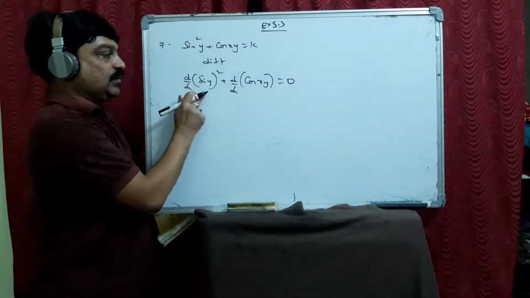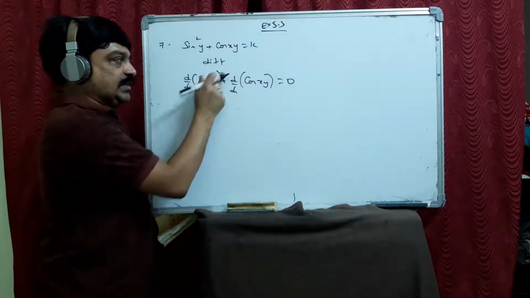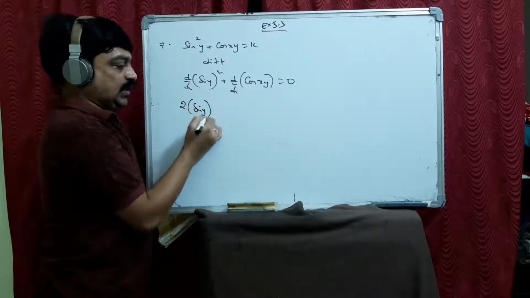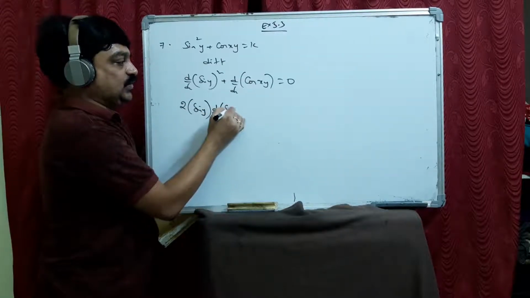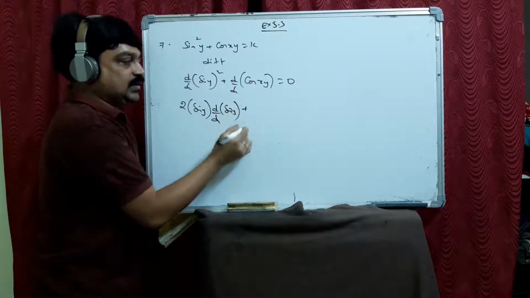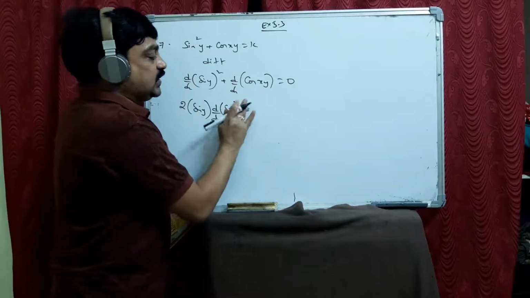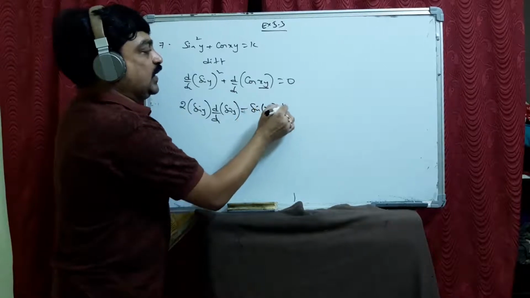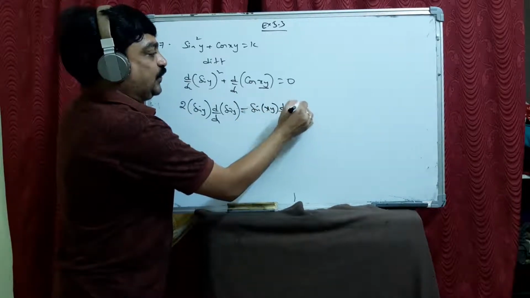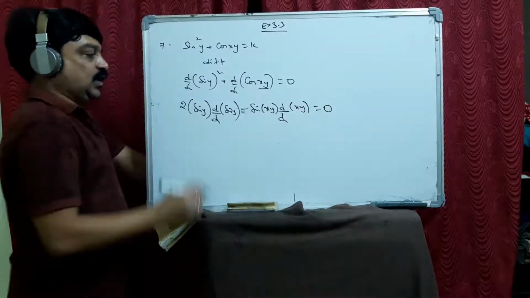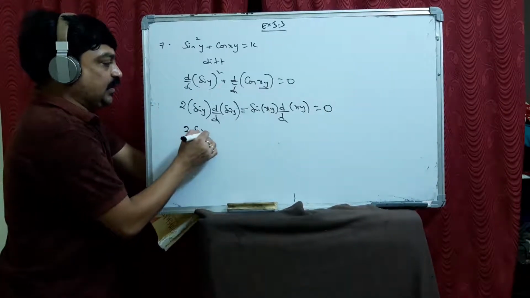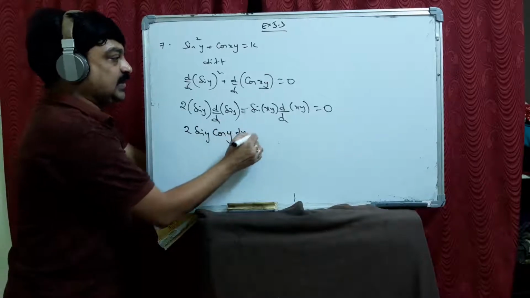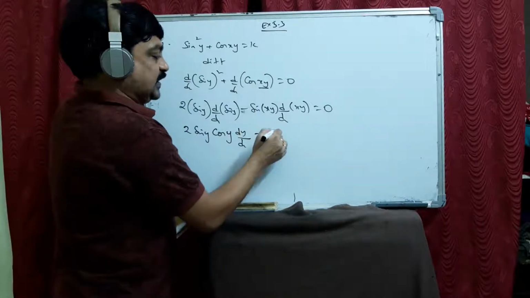Now here be careful. We treat this as x square. It becomes 2x. 2 into sin y into d by dx of sin y, plus the derivative of cos, treat this as x, minus sin of xy into d by dx of xy, is equal to 0. Now, 2 sin y, the derivative of sin y becomes cos y dy by dx, minus sin of xy.